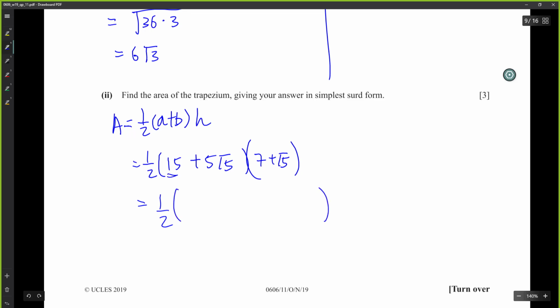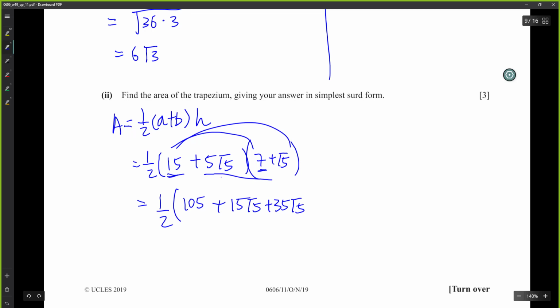Let's expand it. 15 times 7 is 105. Plus 15 times root 5, 15 root 5. 7 times 5 root 5 will be 35 root 5. And 5 root 5 multiplied by root 5 will be 25.